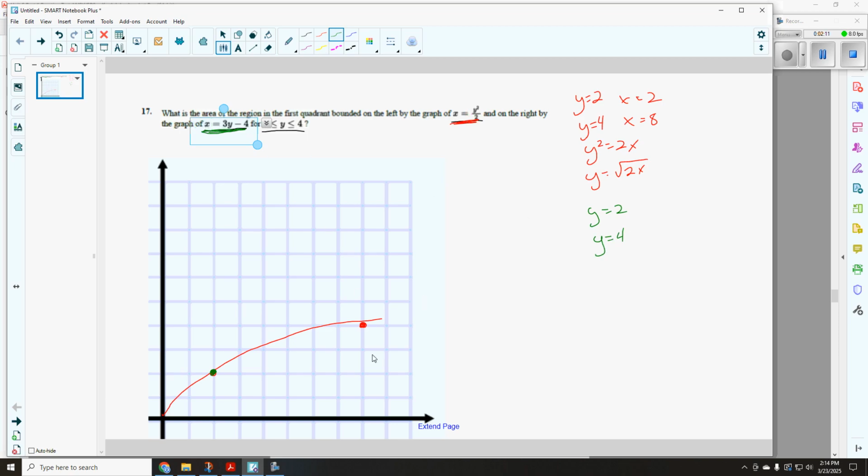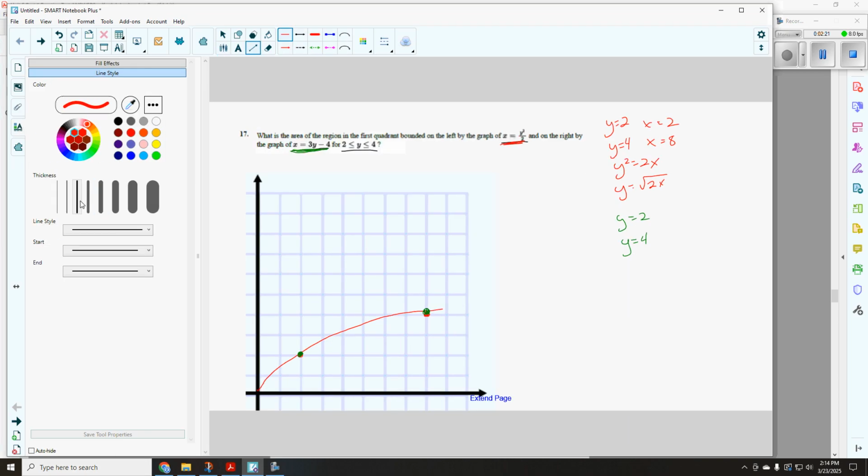It's going to be at the same spot right here. It's going to be 8, 4. So this is going to be a line. Let's make a thin line, and let's make it the same color here between here and here. So there's the shape that I'm trying to find.